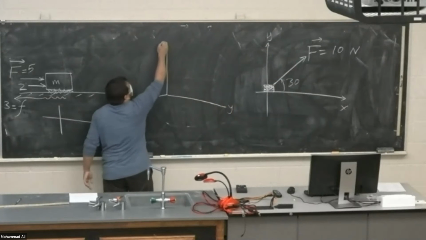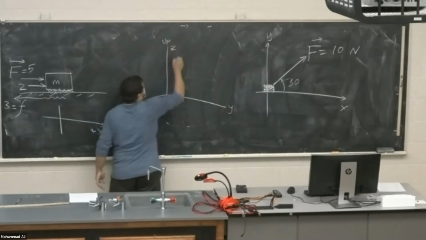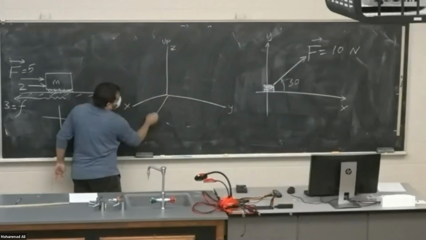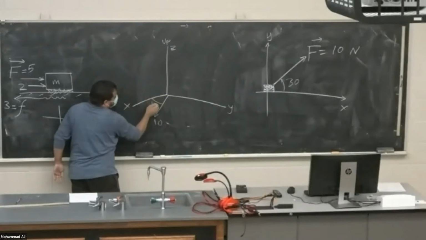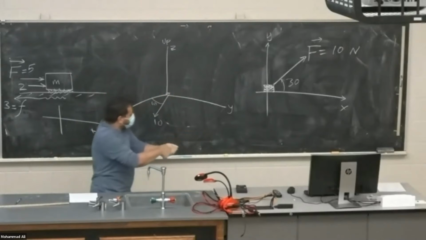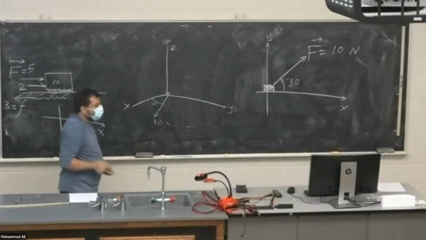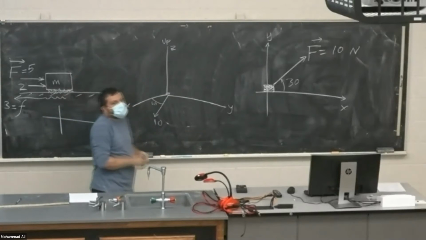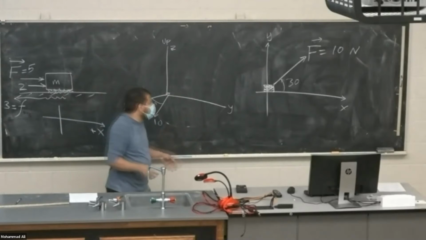This is Y and this is up, which is Z. And I have this force, 10, and this is theta 30. I am pulling the object in this direction. Then the object will start moving, or will start being affected by this force.